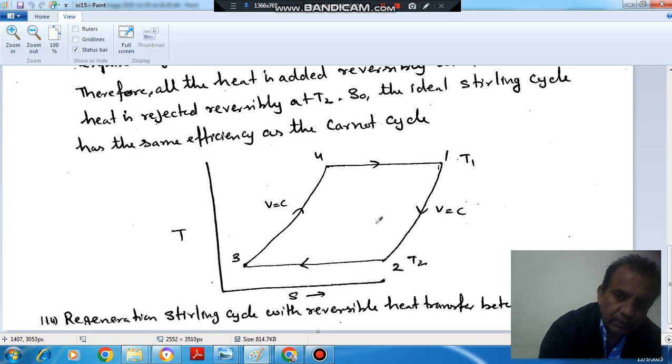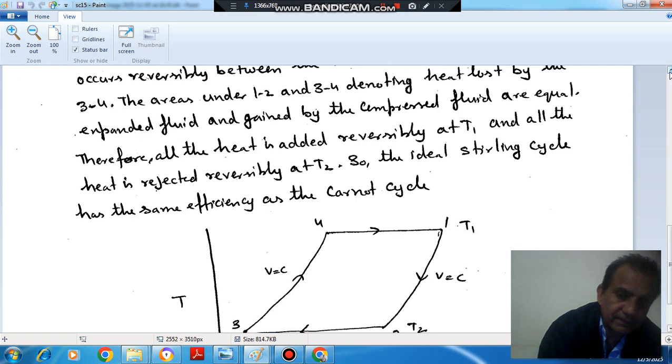If we are able to supply this rejected heat to this process, then there will be only two processes left in which heat exchange takes place, that is 4-1 and 3-2. Then the efficiency will be the Carnot cycle efficiency. So this is the ideal cycle for regeneration. Now we'll use this concept in a steam power plant, or in the Rankine cycle, in the next video.